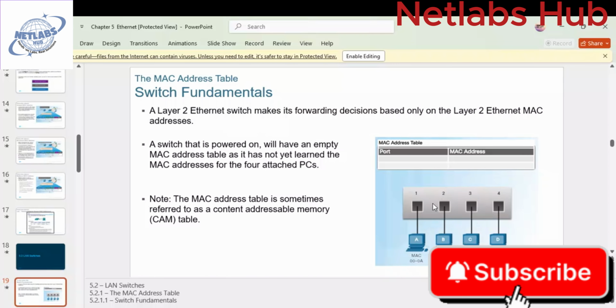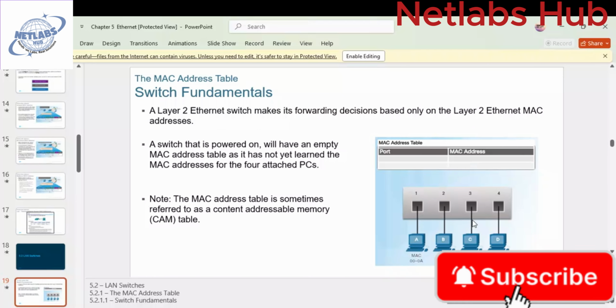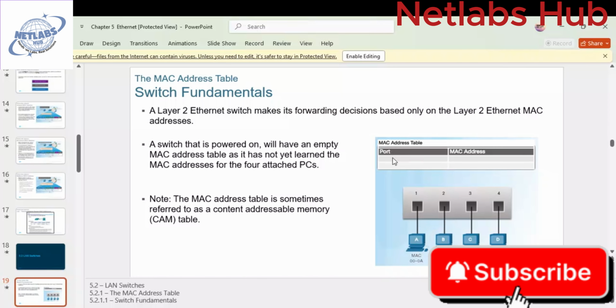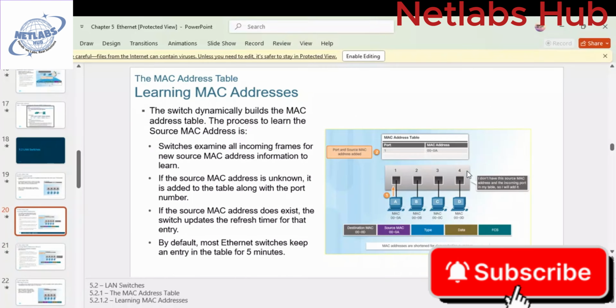As you can see here on this table, the MAC table is empty, but when the switch finishes powering up, it notices that 4 machines are connected. So the port and the MAC address will be populated in the table, and that's what will help it to forward the frames.